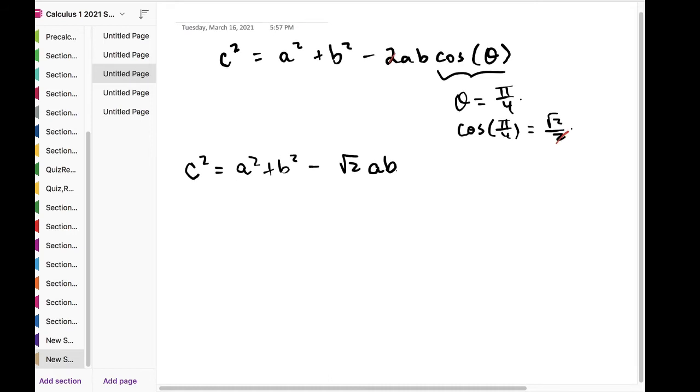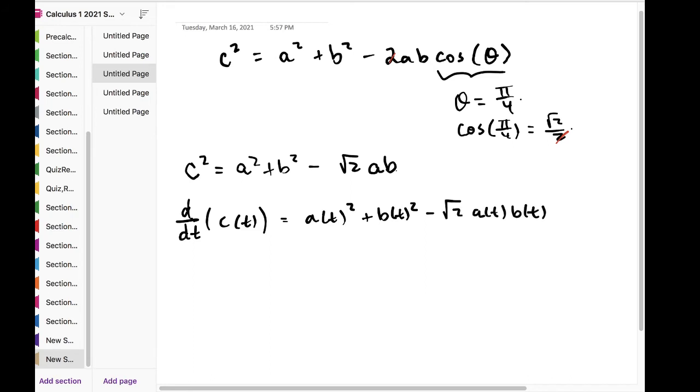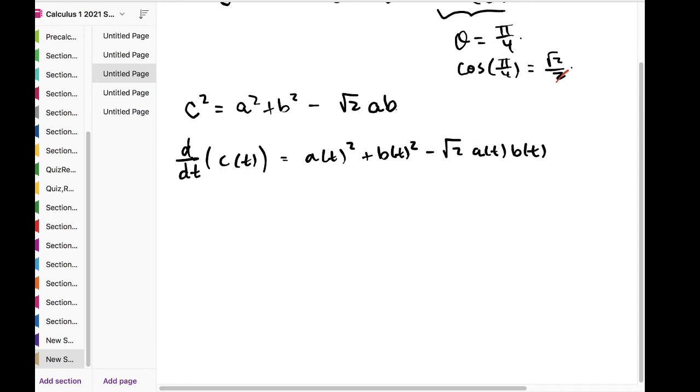Okay, so let's take the derivative. As I write it out, can someone say what the derivative of c squared is? Remember, all these are functions of t, right? Because things are changing. What's the derivative of c squared?